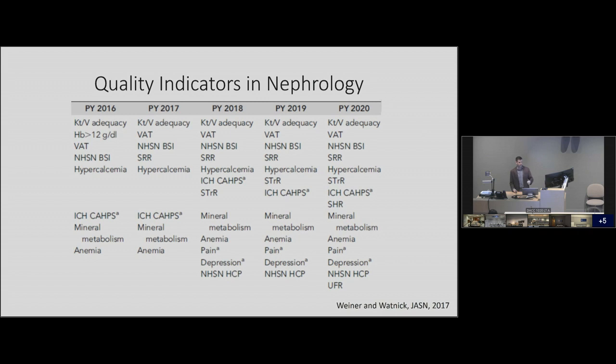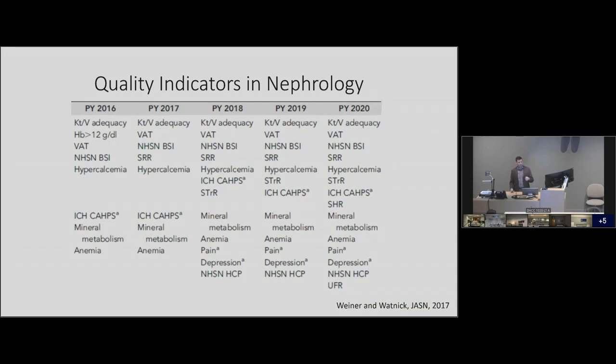Now we're in the year 2020, so what's this alphabet soup mean? So the current indicators in place in the U.S. for pay for performance are KT over V, VAT is vascular access, BSI is infections, SRR is 30-day readmissions, and there's a hypercalcemia measure, which if you look at why there's a hypercalcemia measure, the reason is because there was no hypercalcemia measure, so we should have one.